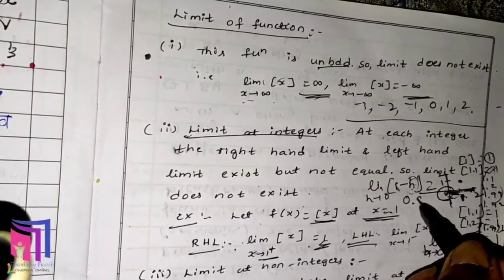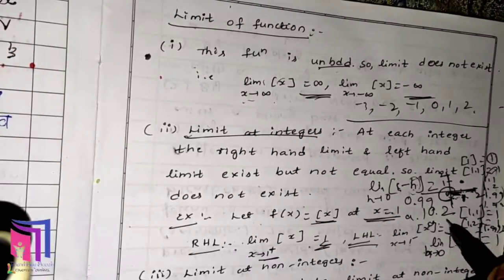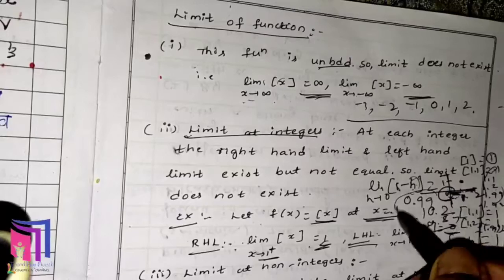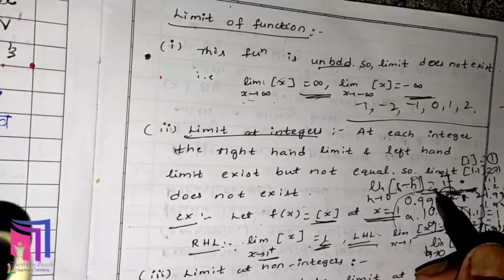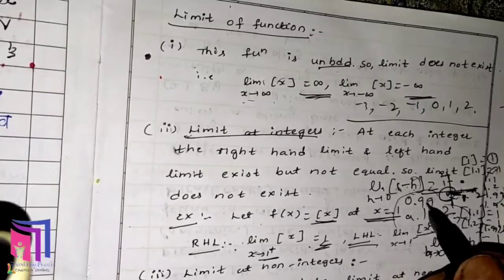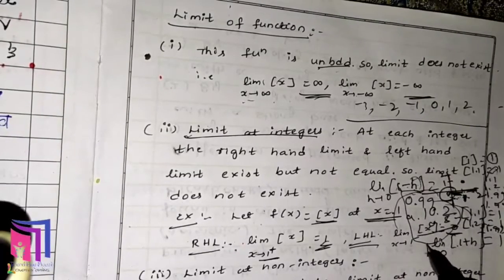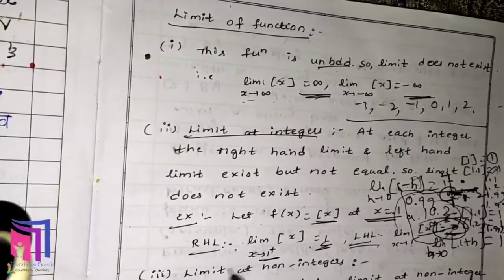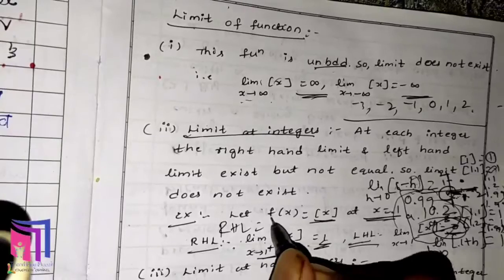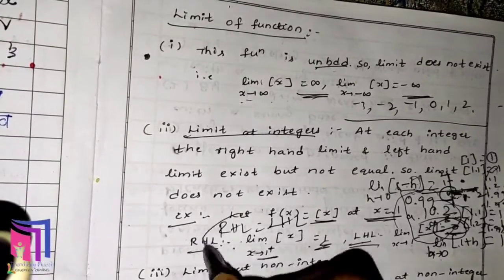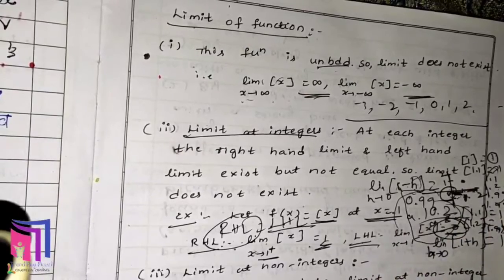That means 0.99, 0.1, 0.2, 0.89, like this. These all values come under 1 minus h only. The greatest integer of all these values is what? 0. That's why the RHL is not equal to LHL. The left hand limit is not equal to the right hand limit, therefore the limit does not exist.